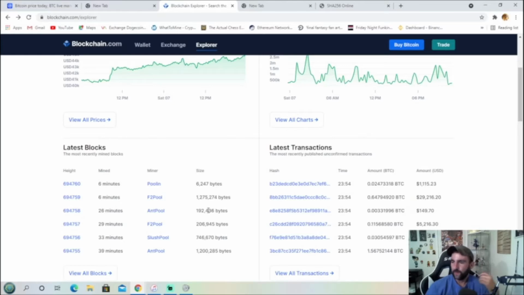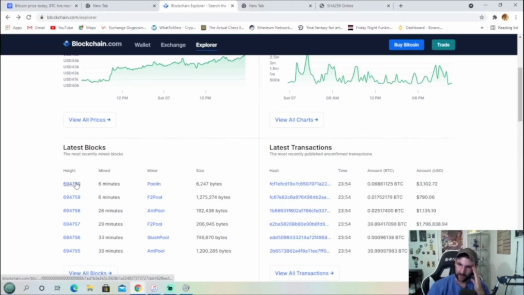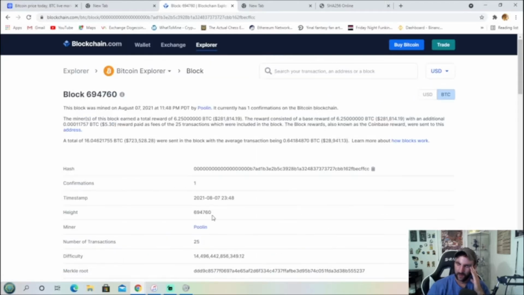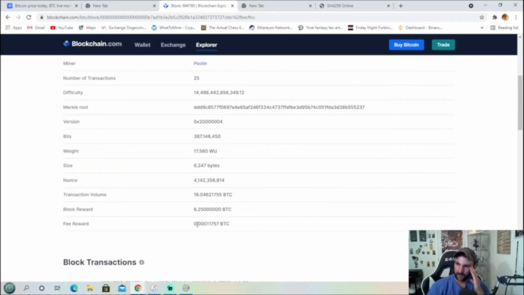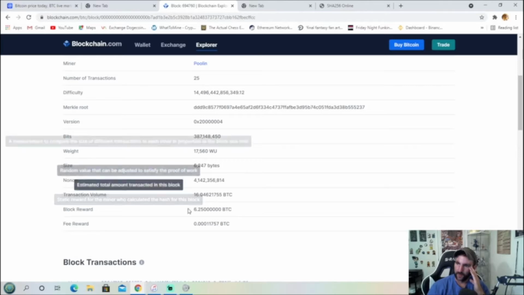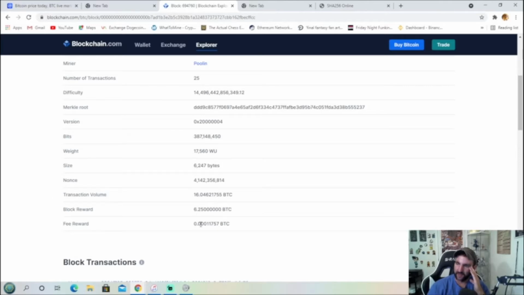And then you get the transaction fees with the block because the miners get paid for that. See, the transaction fees were really small here because the block wasn't that big. It's only the fee reward, so they get this plus this.